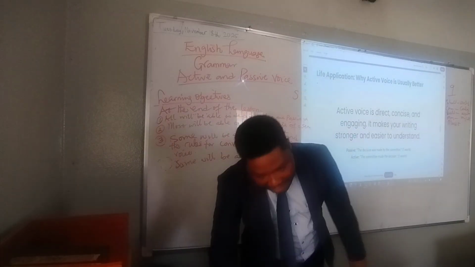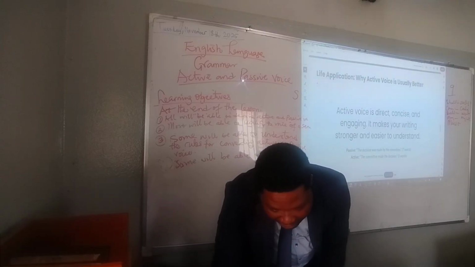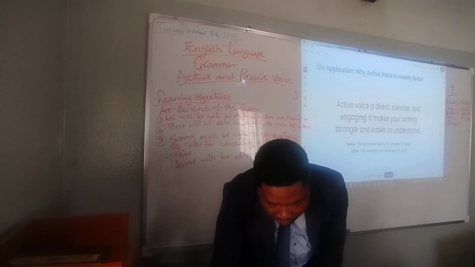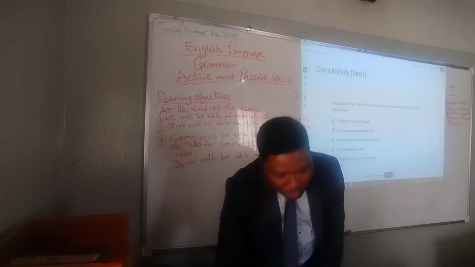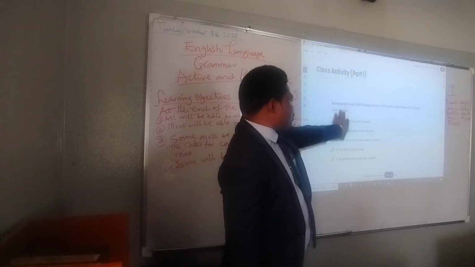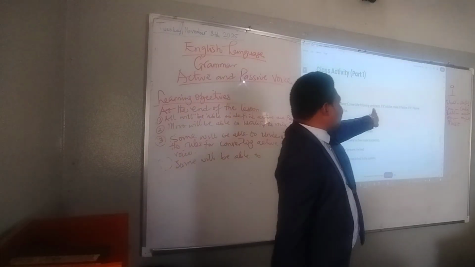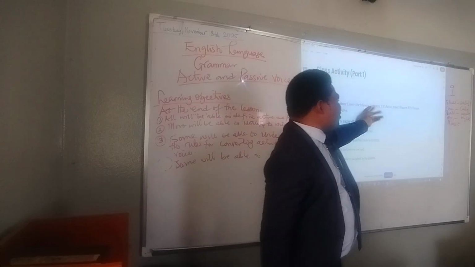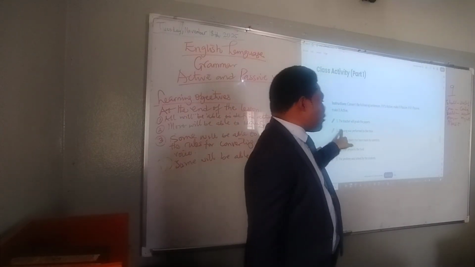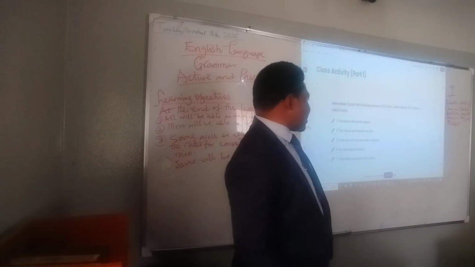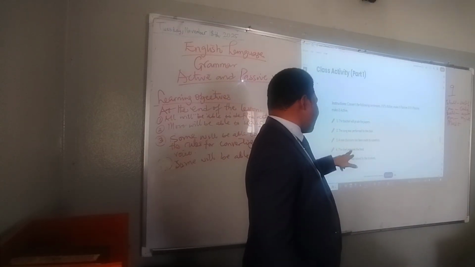Yes. So we're going to do a task now quickly, and that task is going to be oral. I'm going to call on you to answer the question, and then we look at the answers together. So look at these questions now. Convert the following sentences. If it is active, make it passive. If it is passive, make it active. I'm going to appoint students to answer this question, 1, 2, 3, 4, 5.